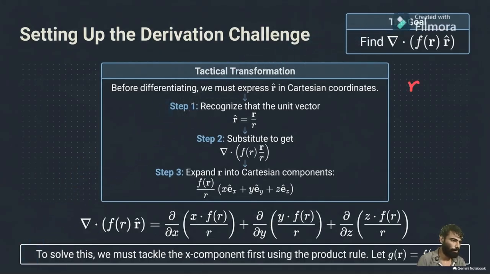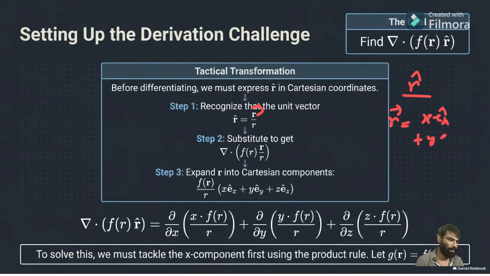We can write this as vector r by r, as a unit vector, and this vector r we can write as x e_x cap plus y e_y cap plus z e_z cap, right?